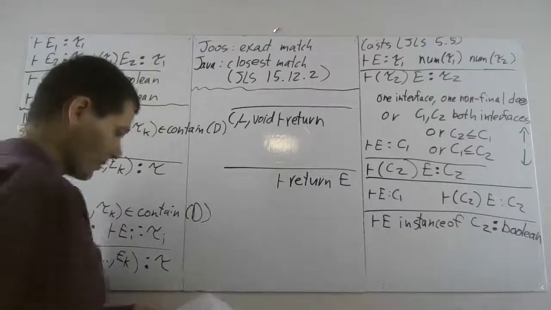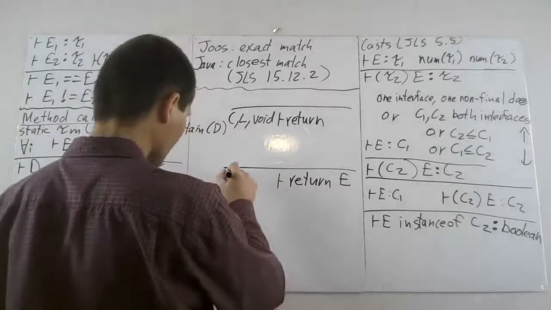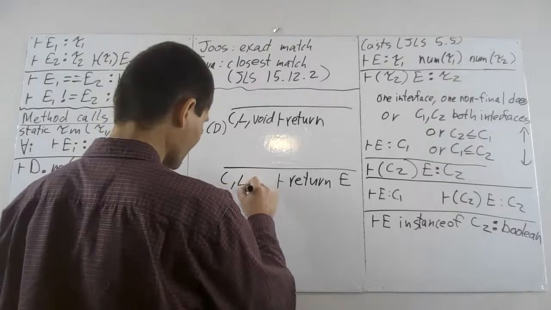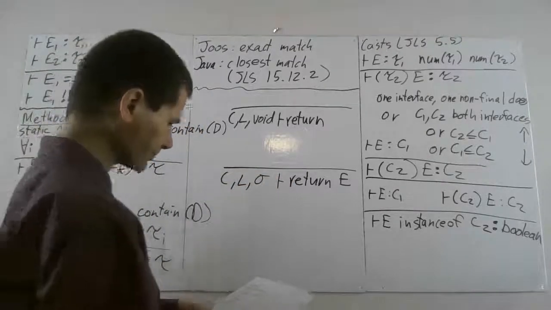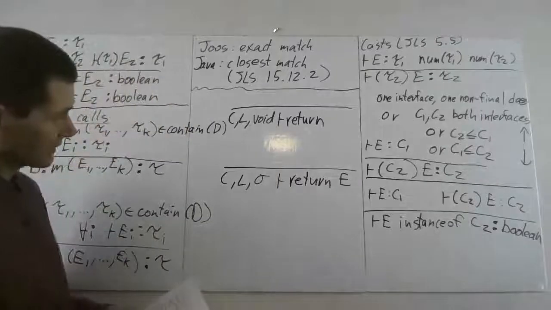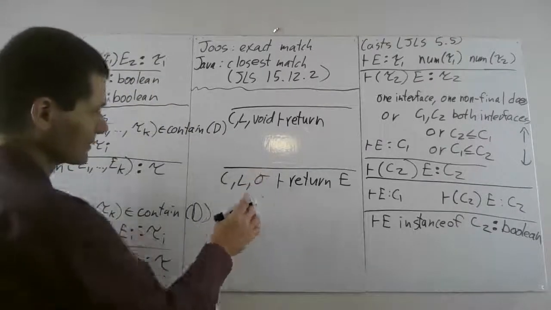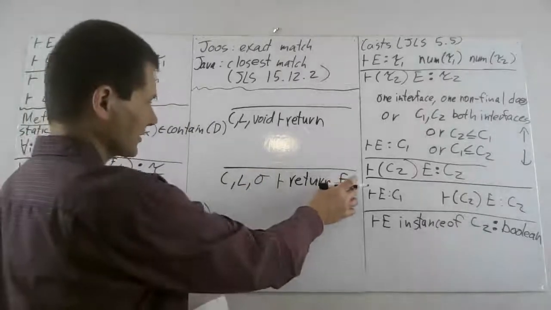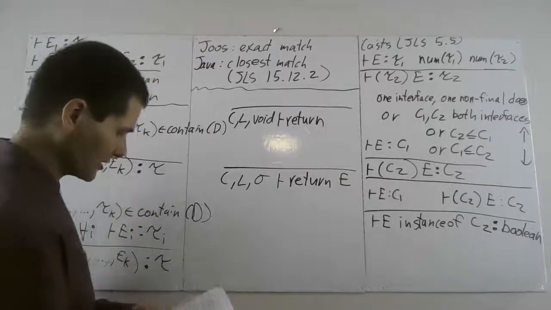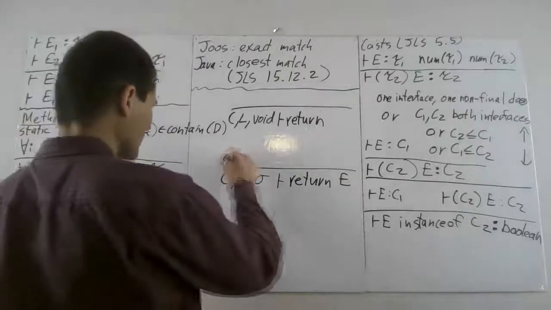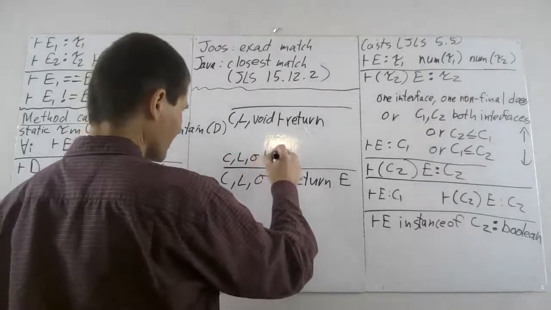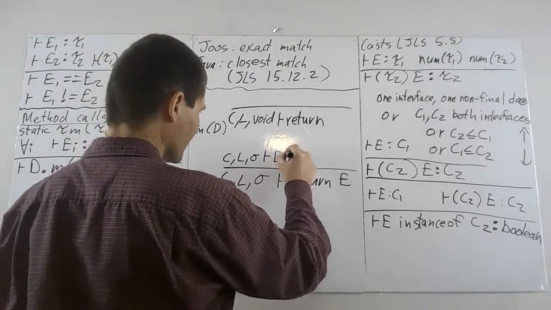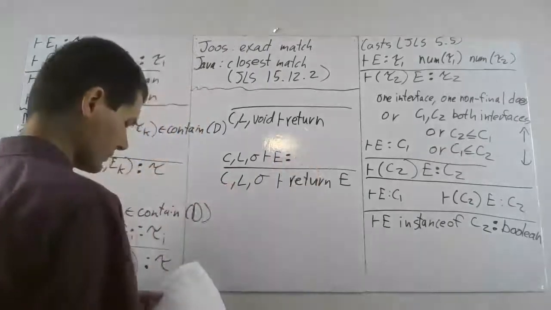And if it's not void, well, then it's going to be some type, and let's say sigma. Okay, and so if the type is sigma, you're going to have to return some expression, and I'm going to type check the expression, right, with the same context, and I'm going to get some type.